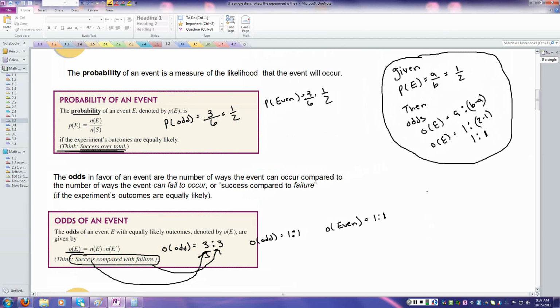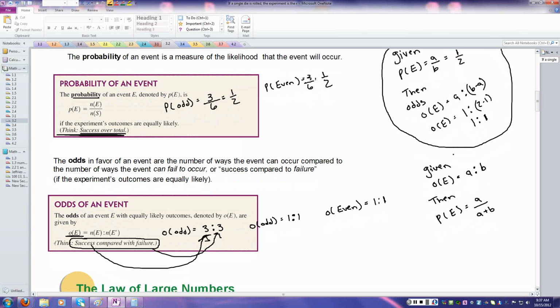So now let's say we're given odds of something happening. I'm going to write that as A to B. Then the probability of E is going to be A over A plus B. So depending on what you're given, you can find the other one.